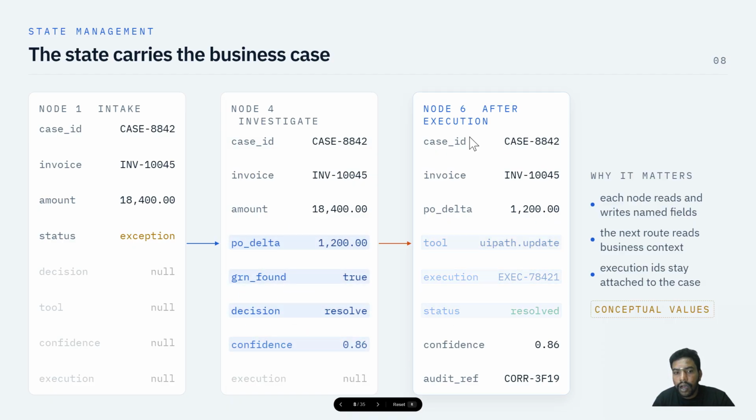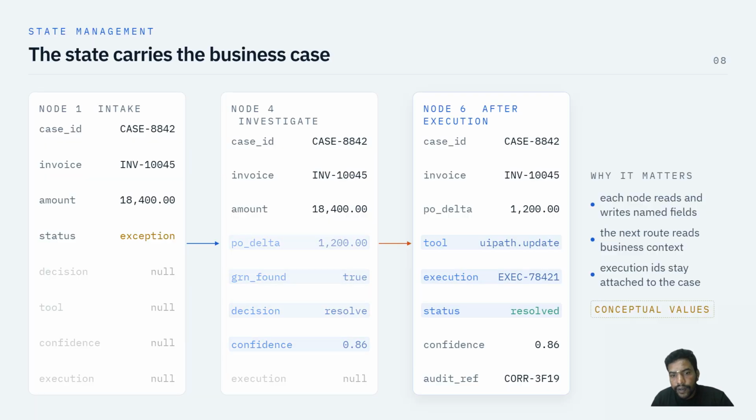Coming to after execution, the state carries the tool that was used, the execution ID returned by the platform, the status as a new status, and an audit reference. Three things follow from this.